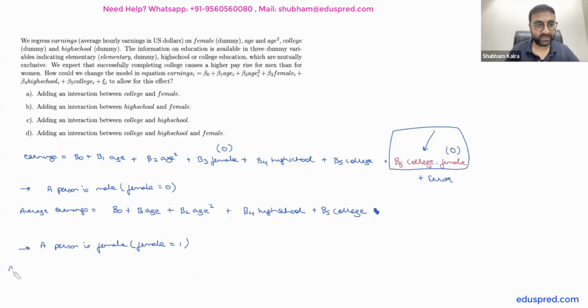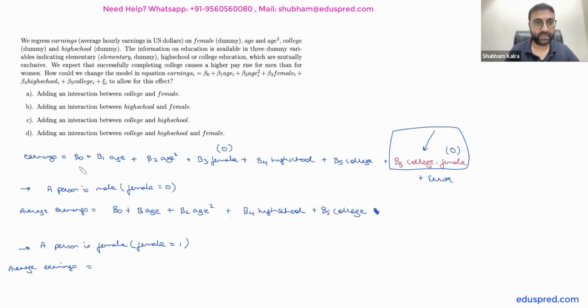So for female, the average earnings are going to be... now when you're writing the equation for female, you'll have to be slightly careful because for a female, the female dummy is going to take the value of 1. So let me use a different color to write this equation.